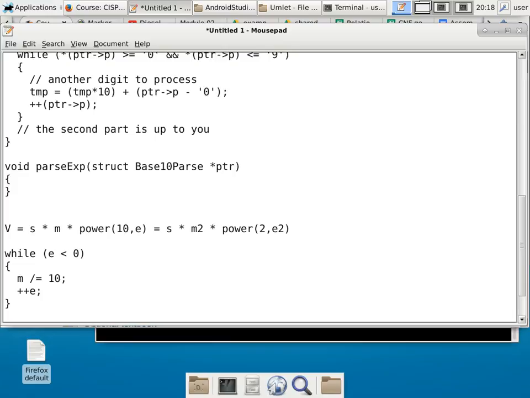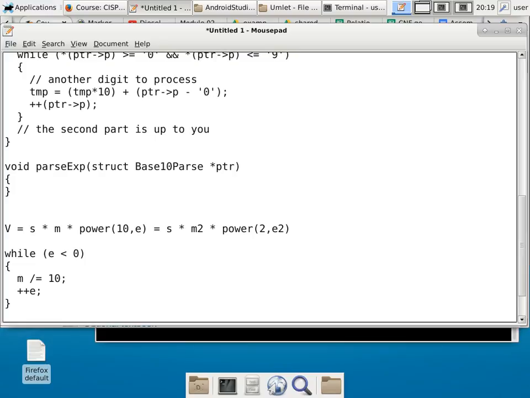And in the rounding, there are 2 ways to do it. You can either shift by 1 more time, plus 1, and then m gets m plus 1, or m plus plus, however you want to do that. And then the else case is going to be just m shifting 1 more bit, like so. So this will take care of the rounding.